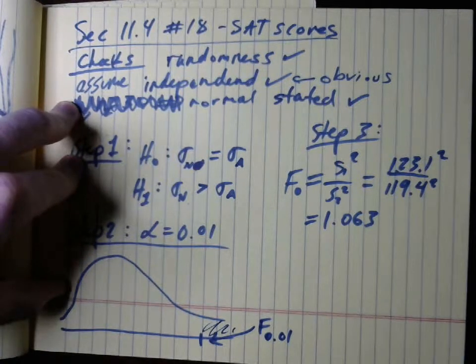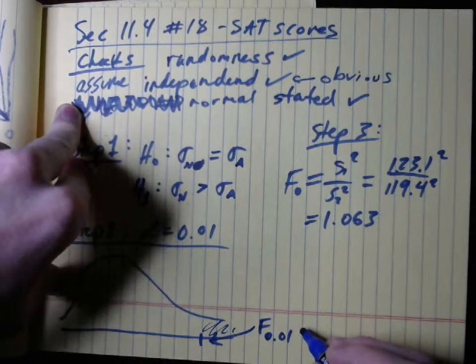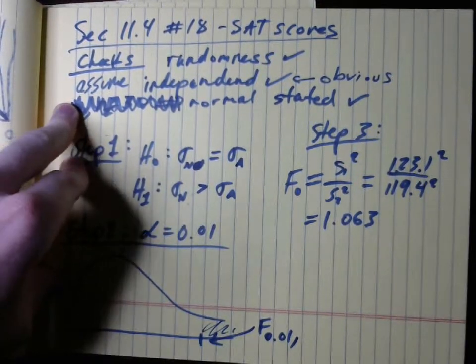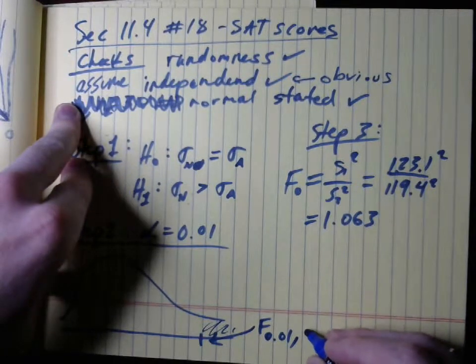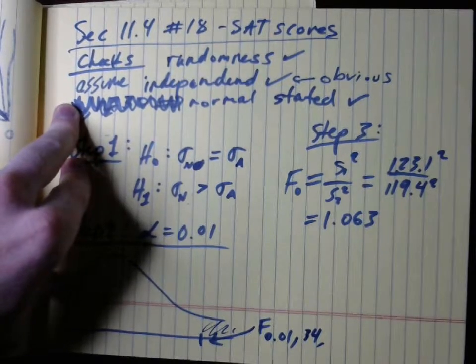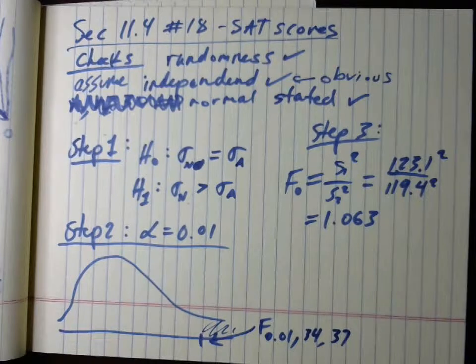The area to the right is 0.01. Pretty straightforward. And then we want the numerator. The sample size of the numerator here is 35, so we'd be looking up 34. And then we would be looking up 37.